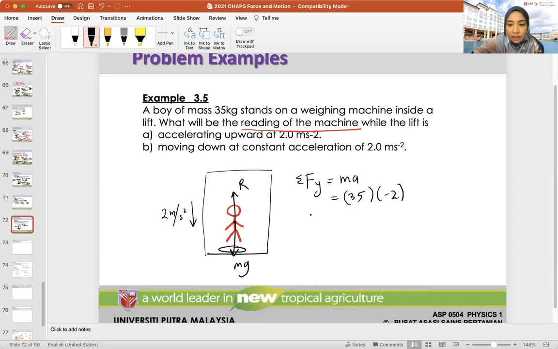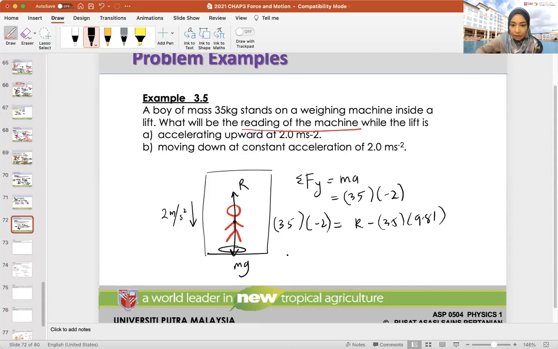Now we write in our equation from the free body diagram. Sama just step there. So this is 35. 9.81. I bring this guy over here. I want to make my equation complete. So that is minus 70 plus with 35 times 9.81.